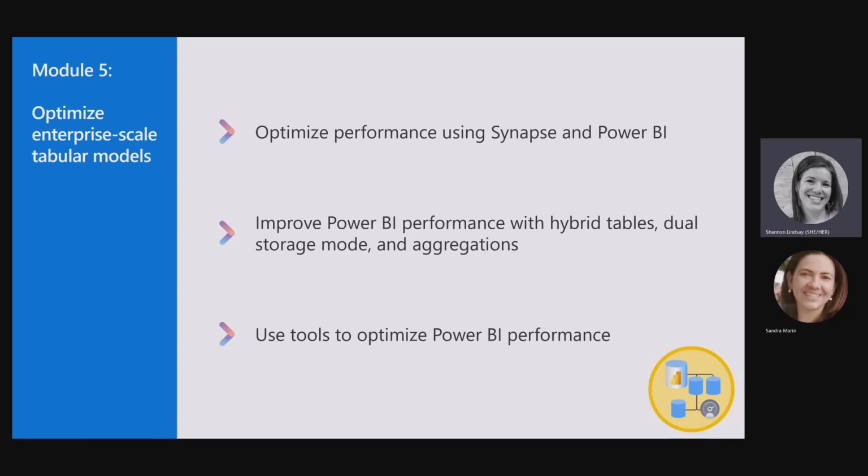So if you have your own model, for example, and you say, I built this thing, and when I built it, the data was relatively small and it was really performant. Everything rendered in less than a second. It was super quick. Everybody loved the reports. Well, now your data grew and it doesn't render so quickly, and maybe you're having problems with it. This module, Use Tools to Optimize Power BI Performance, also has a hands-on lab.